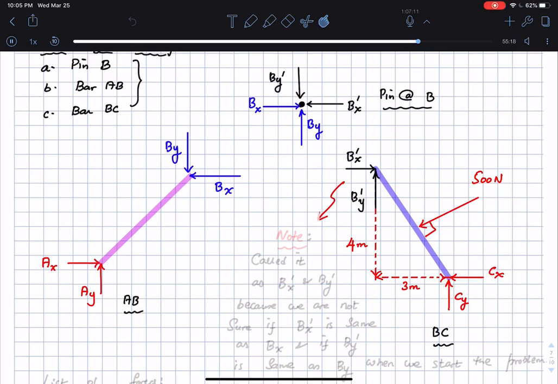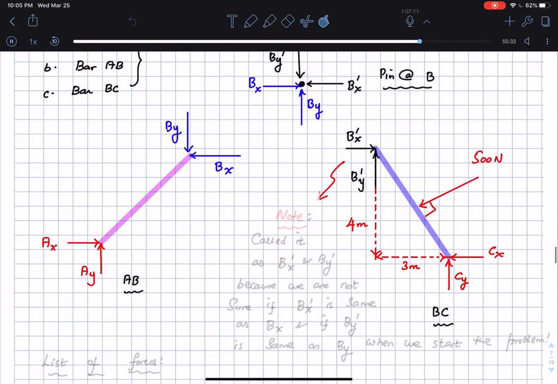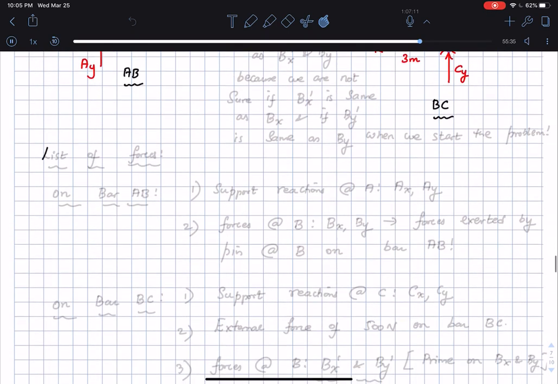Okay, and now you see that each and every one of these has to be in a state of static equilibrium, and we immediately start listing all the forces. Okay, so let me list all the forces which are acting on the bar AB, the bar BC, and the pin at B. Okay, so let us list all the forces.